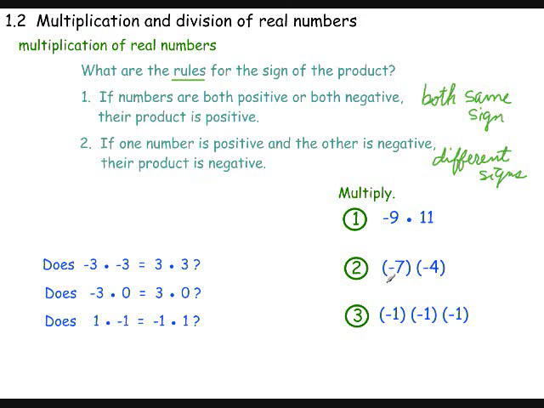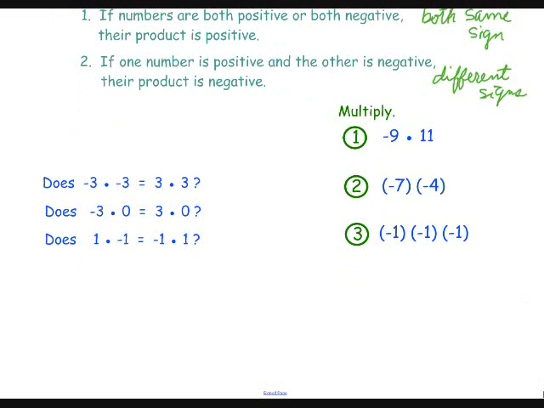All right, let's check our understanding here, see if we know what we're talking about. Does negative 3 times negative 3 equal a positive 3 times a positive 3? Well, let's check it out. Negative times negative, we're just going to do this side right now. That would be a positive 9. Now, does that equal 3 times 3?